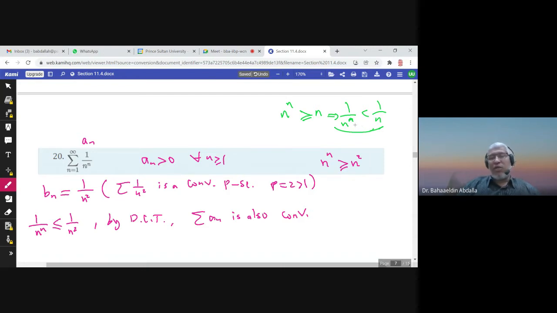And the answer is no, because 1 over n is divergent. Less than divergent, we know nothing about it. The direct comparison test says if you want to compare with a divergent series, you have to prove that 1 over n to the power n is greater than, not less than. And that's why we used n squared here, because 1 over n to the power n is less than or equal to 1 over n squared.